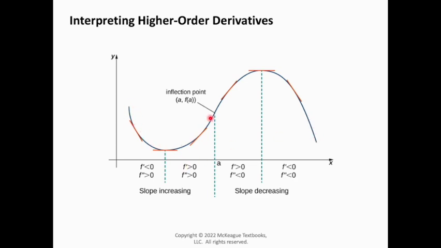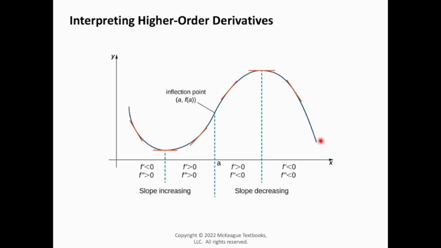So on this interval, since it's concave up, my second derivative is going to be positive. So both of these are going to be positive. Then on this interval right here, since it's concave down, the second derivative is going to be negative on these two intervals because they're both on that interval that is concave down.